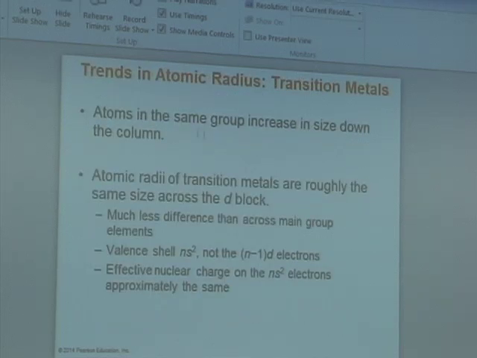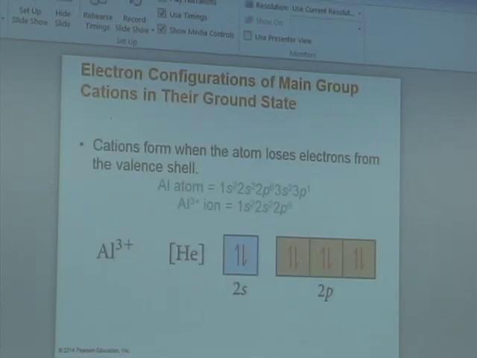And then, what is the trend for the transition metals? The transition metals are pretty much the same size across the d orbitals, and so their effective charge will be approximately the same.